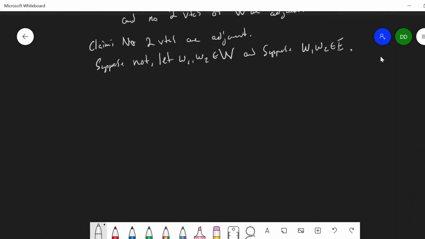Okay, so let me try and draw a picture for this. So we have this vertex U, we have W1, we have W2, and we know that the distance from U to W1 is odd, and the distance from U to W2 is also odd.